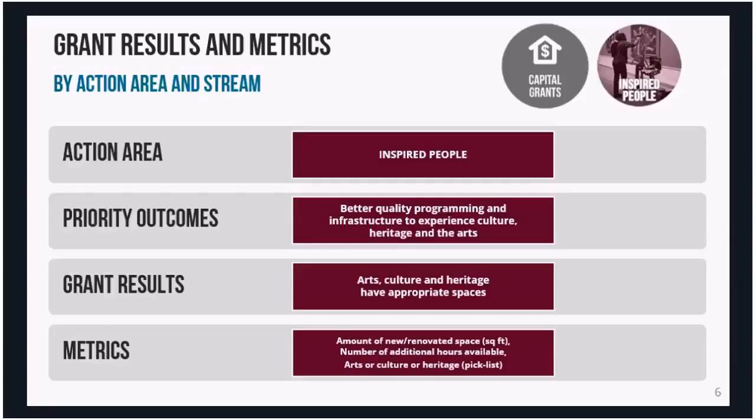They create the conditions for the work to be well received and eliminate barriers to full and active participation. An example of this grant result for capital would be the purchase of an accessible mobile event stage that enables performing arts groups to reach new audiences by delivering performances in unconventional spaces, for example, the outdoors.